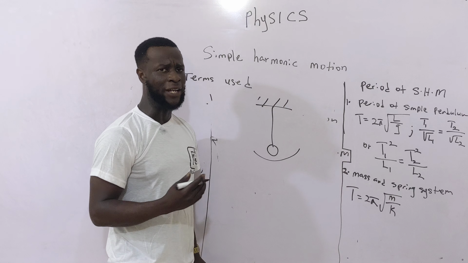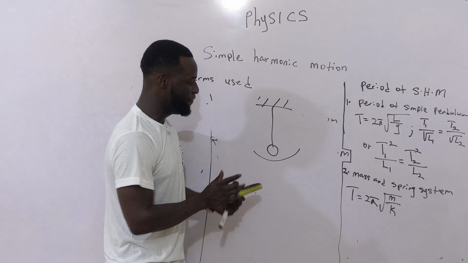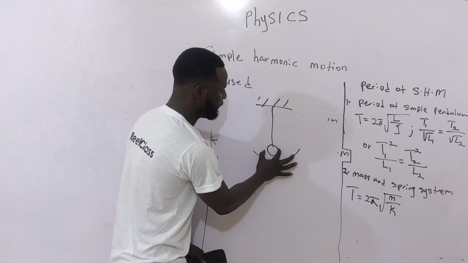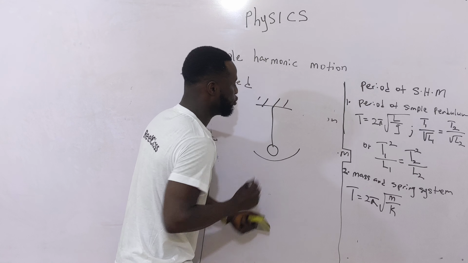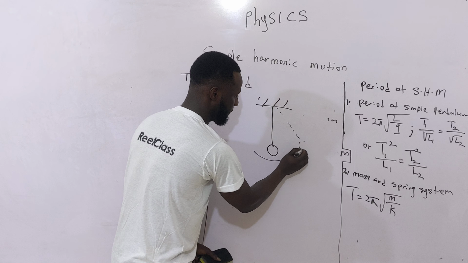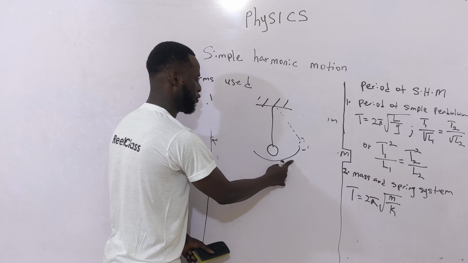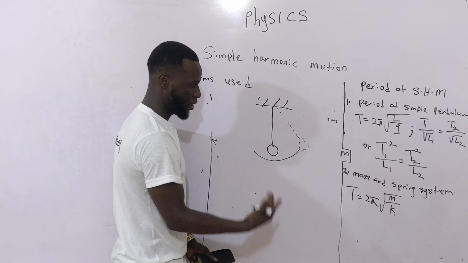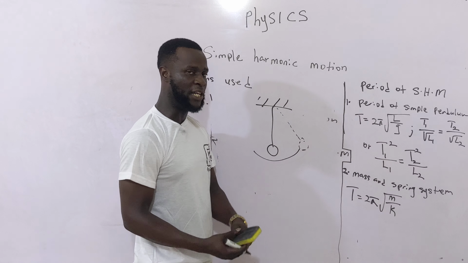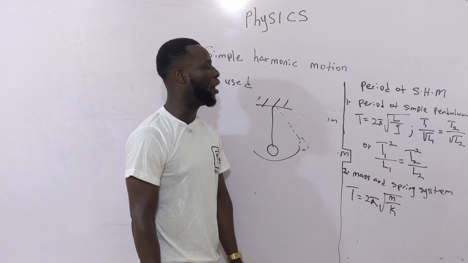A simple pendulum undergoes simple harmonic motion if it is displaced at a small angle. So if I take this simple pendulum bob, I take it to this point and allow it to swing, it will go to and fro, undergoing a simple harmonic motion. Let's say we displace it at a very small angle.